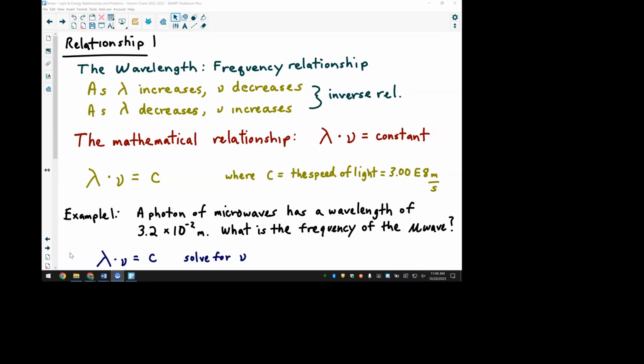All right, so the first relationship. We're going to look at the relationship between wavelength and frequency. And we kind of saw with the graphic that as wavelength increases, frequency decreases. Long wavelength, shorter frequency, right?